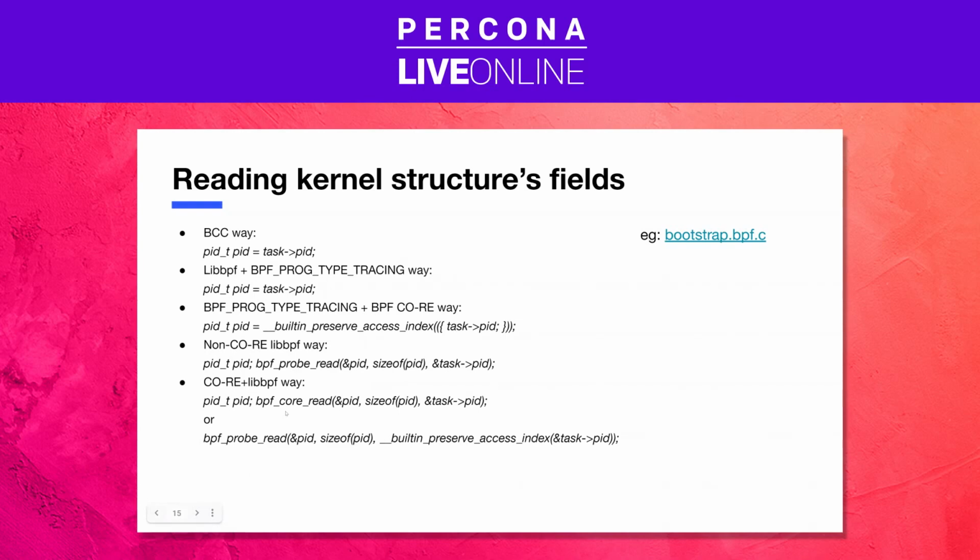One is directly replacing bpf_probe_read with BPF_CORE_READ. BPF_CORE_READ is a simple macro which passes all the arguments directly to bpf_probe_read, but it also makes the struct record field offset relocatable for the third argument, by parsing it through the built-in preserve access index. So the last example is actually just this under the hood.